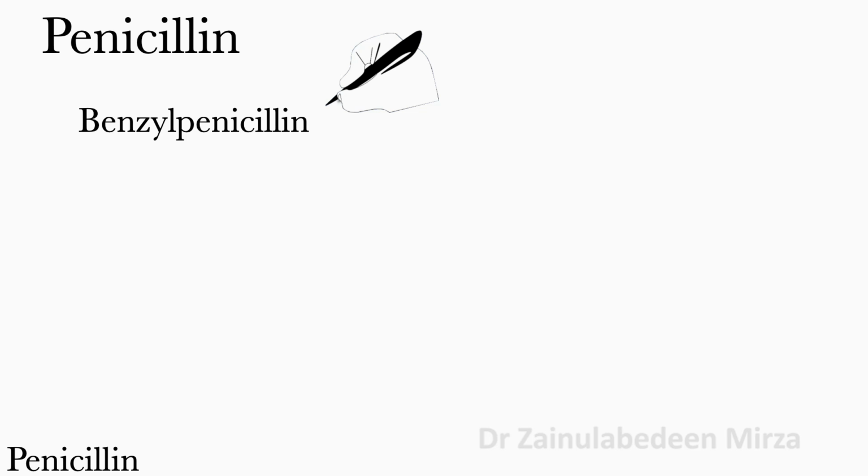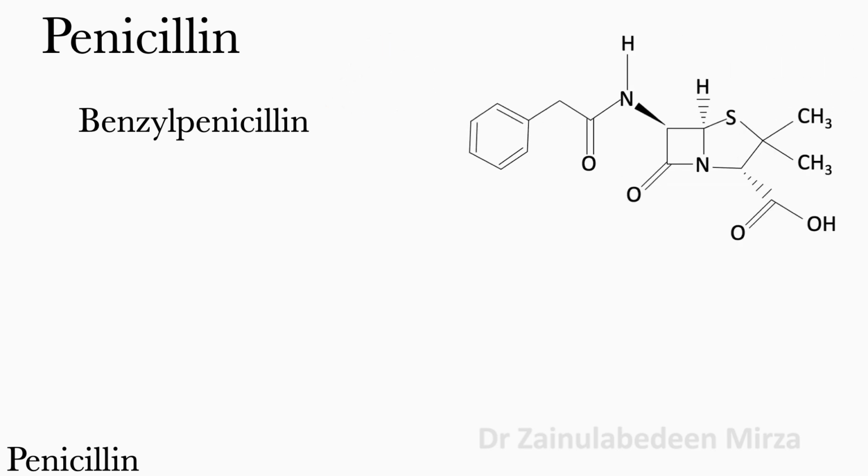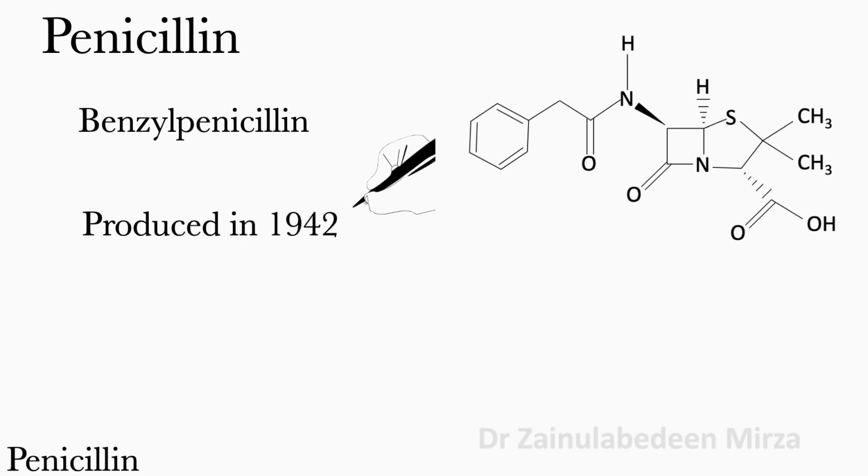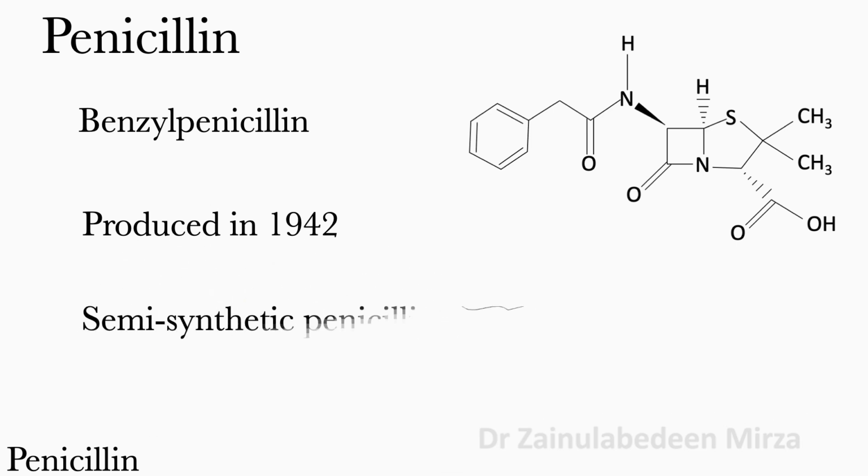Benzylpenicillin is a penicillin G compound, and penicillin was produced in 1942 by growing the penicillin molds in deep tanks. The penicillin nucleus was produced in 1957, and semi-synthetic penicillin with different properties is synthesized by adding different side chains.